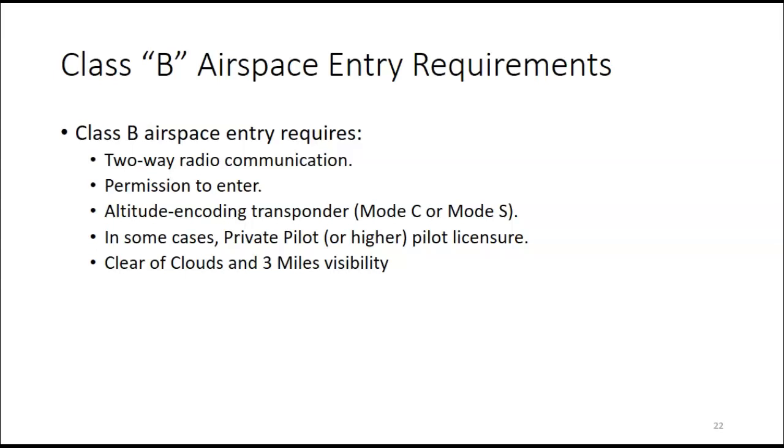You need a Mode C or a Mode S transponder for altitude encoding, and in some cases you need at least a private pilot certificate or higher to fly in Class Bravo airspace. Some Class Bravo airspace will not allow student pilots at all. And visibility requirements are simple. You just need to stay clear of clouds and maintain at least 3 statute miles visibility.